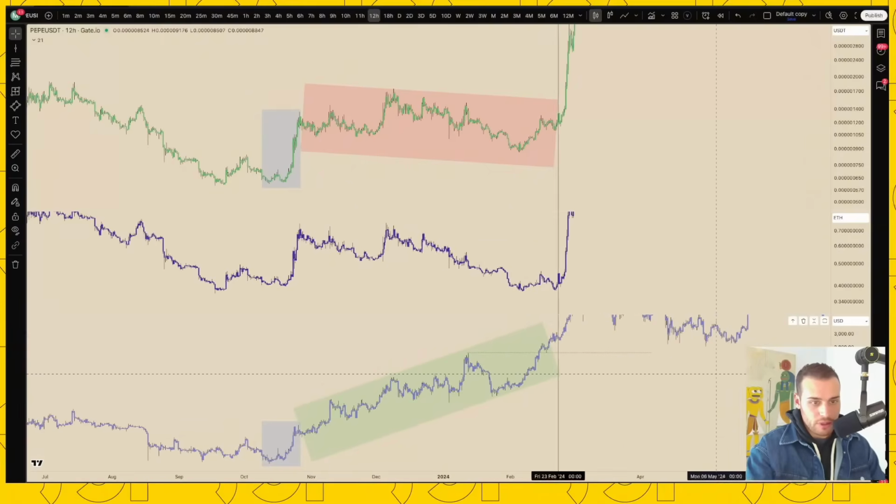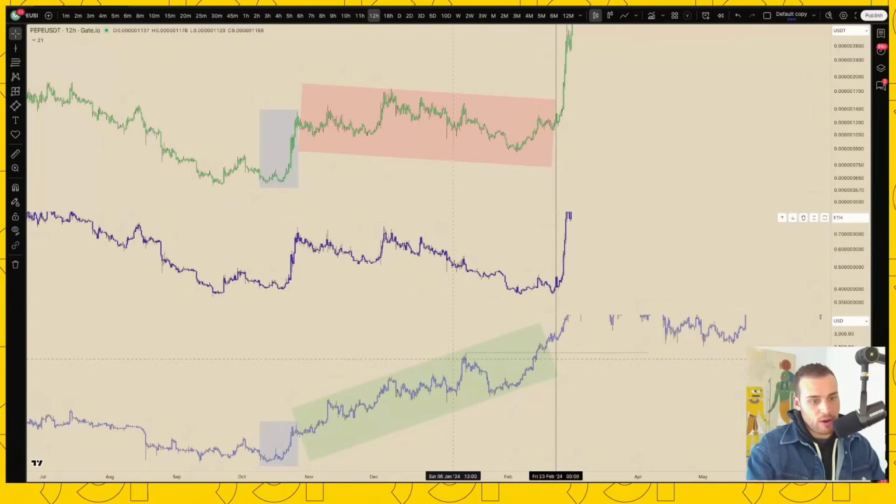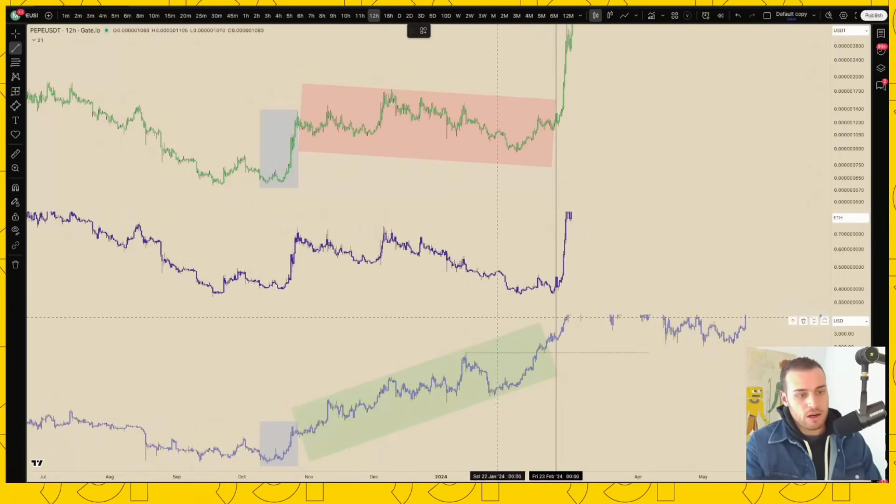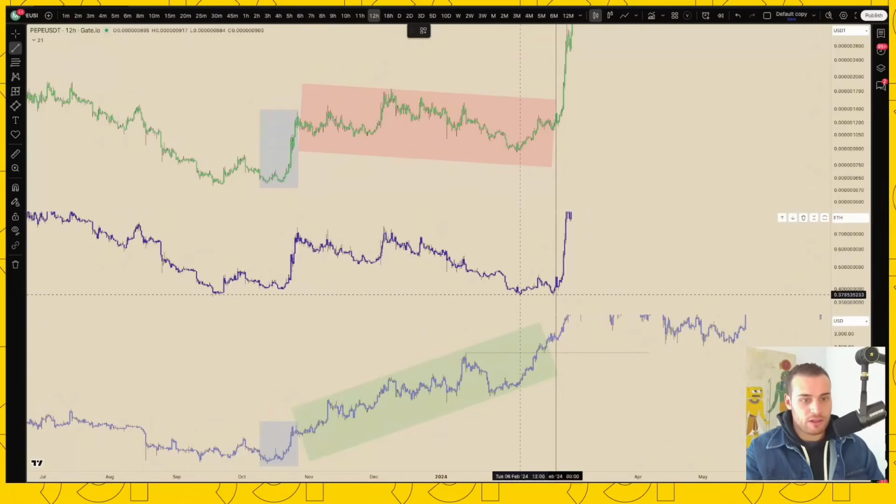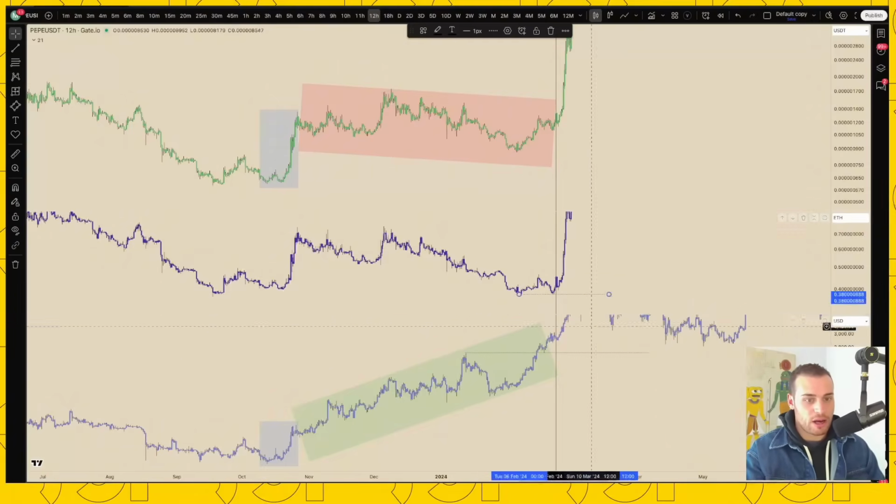Okay, so what did we see during this time? What we saw was PEPE Ethereum bleeding aggressively as ETH was moving higher. PEPE was chopping lower. You saw the PEPE Ethereum pair bleeding down, right? Shouldn't be surprising to you guys. And what it did here is it basically came back and put in a double bottom. Okay. And I'll just highlight this a little more clearly. It put in a double bottom.